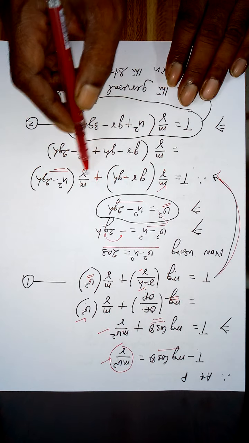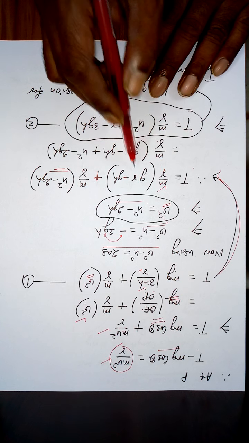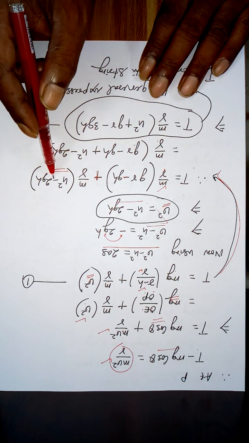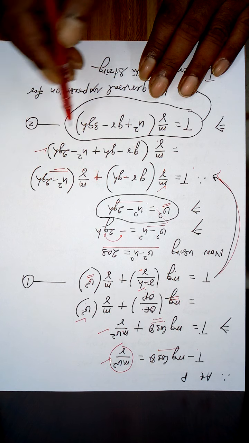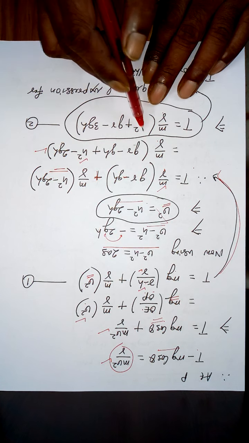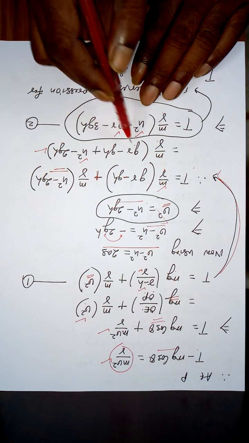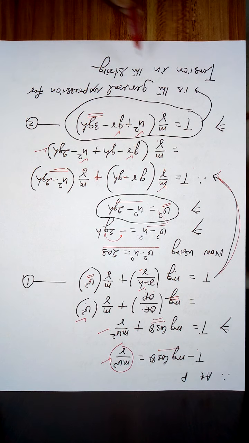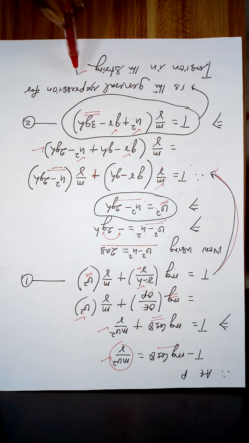So with m by r taken common, I am left with gr minus gh plus u square minus 2gh. So your T becomes m by r times u square plus gr minus gh minus 2gh, that is minus 3gh. This expression is the general expression for tension in the string.